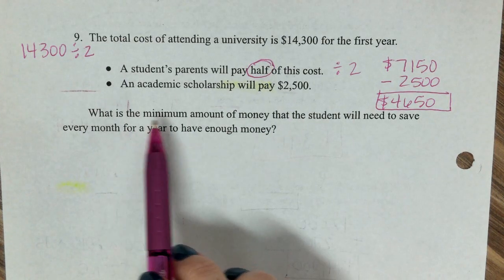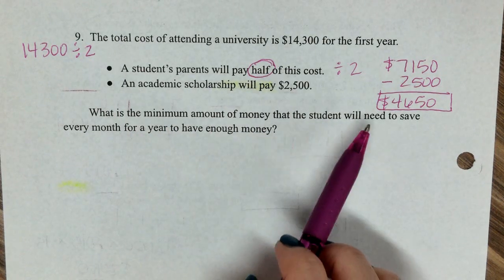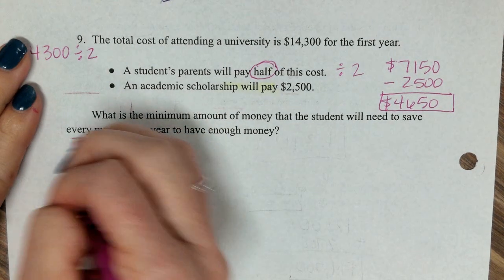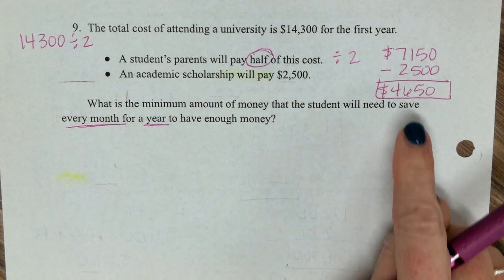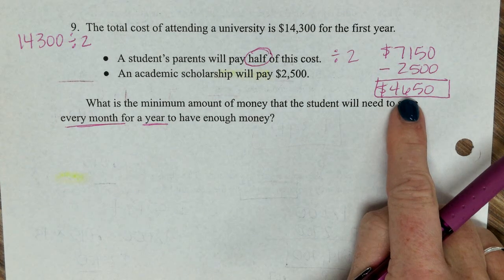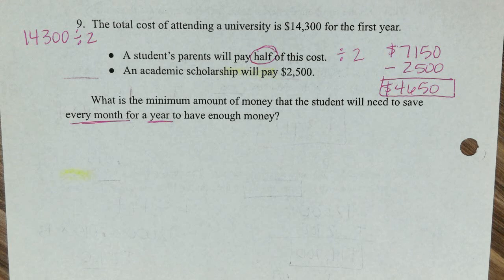What is the minimum amount of money the student needs to save every month for a year to have enough money? Okay, let's talk about it. You're right. I want everybody to think about it, though. How much money does she need? $4,650. She has 1 year to save, and she wants to save every month. So how many months are in a year? 12. So what do we do? Divide by 12.